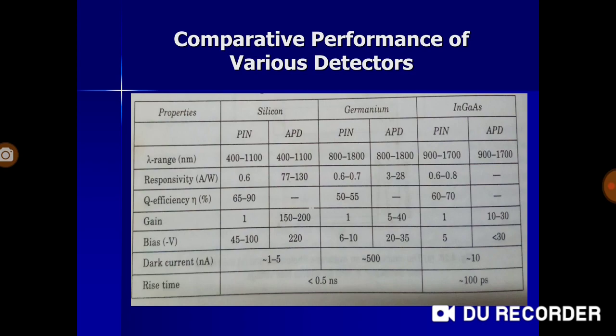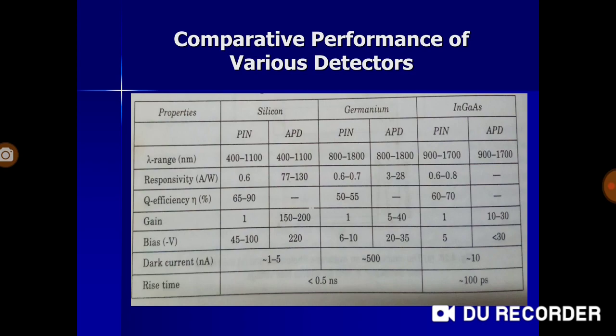It is 0.5 nanoseconds for silicon as well as germanium, and 100 picoseconds for indium gallium arsenide. So it is quite fast for indium gallium arsenide. This is all about the photodetectors, their operating parameters, and the comparisons.